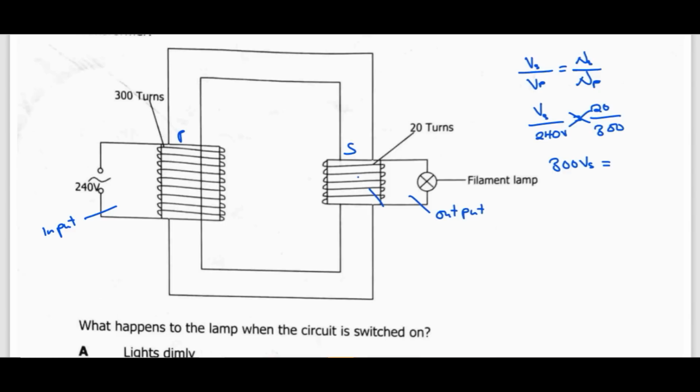So we have 4,800 over 300, so V is equal to, we can divide by 300. So the answer that we're going to have is 16.